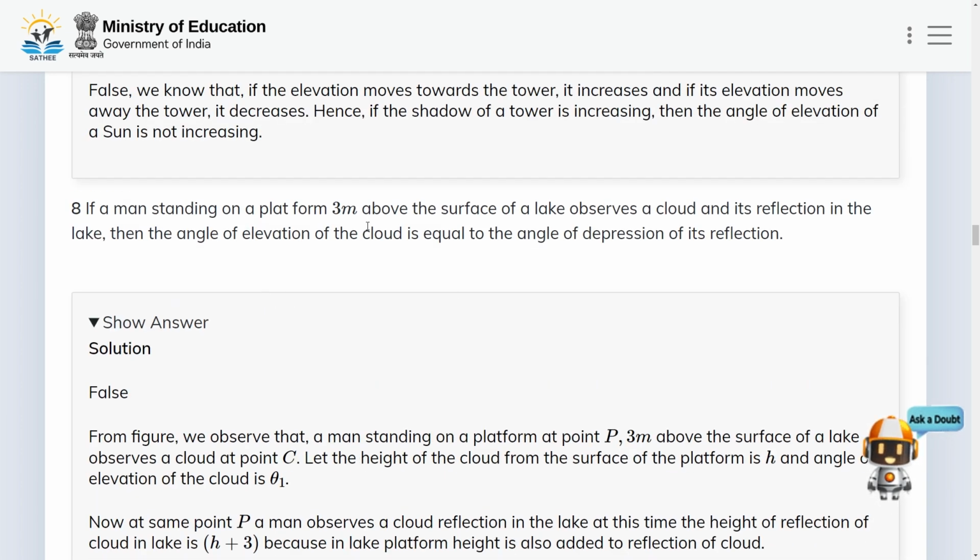Therefore the given statement is a false statement. If a man standing on a platform 3 meters above the surface of a lake observes a cloud and its reflection in the lake, then the angle of elevation of the cloud is equal to the angle of depression of its reflection. This statement is false, since the angle of elevation of the cloud is not equal to the angle of depression of its reflection.